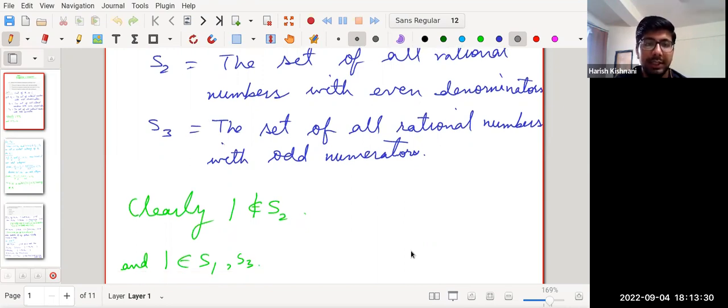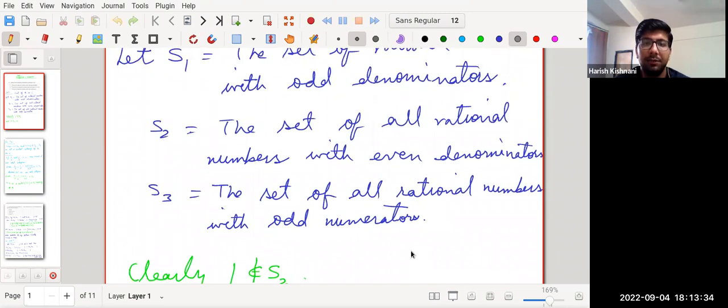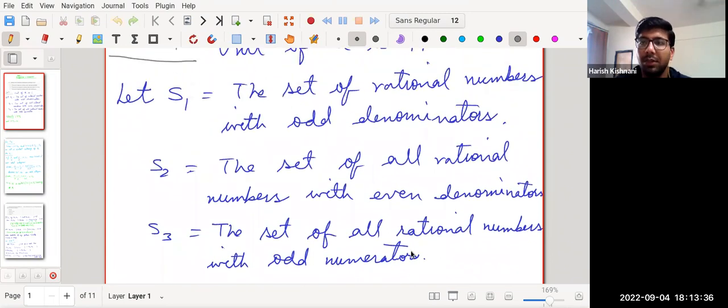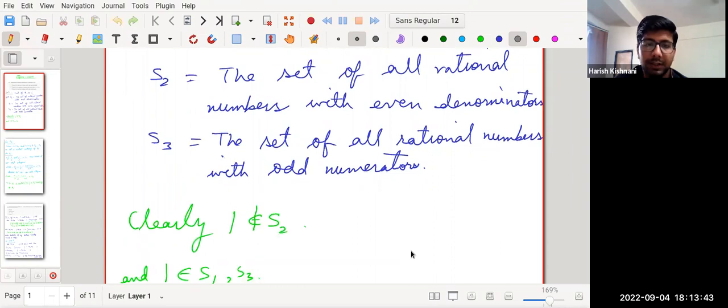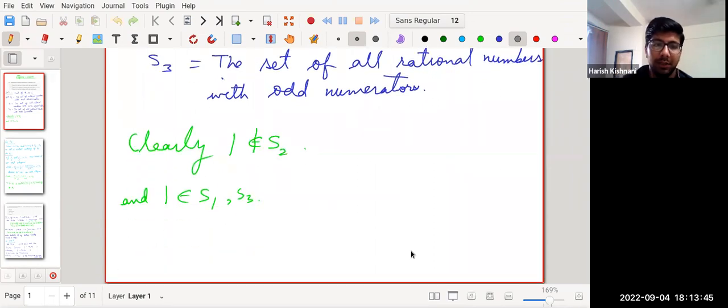And you can easily see that S1 and S3 contain 1. S1 is the set of all rational numbers with odd denominators. What is the representation of 1 as a rational number? It is just 1 by 1, right? If you want to write 1 in the form p by q, it is just 1 upon 1.